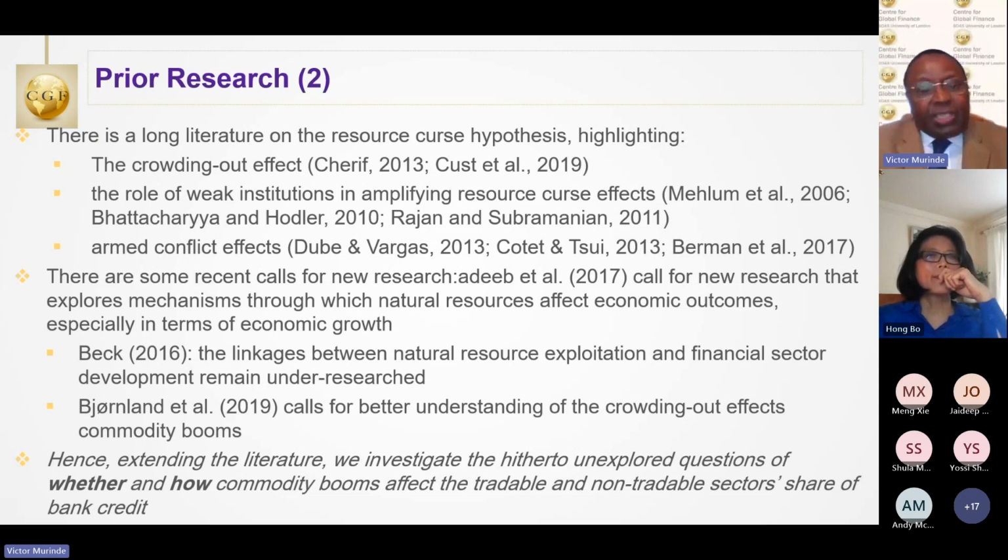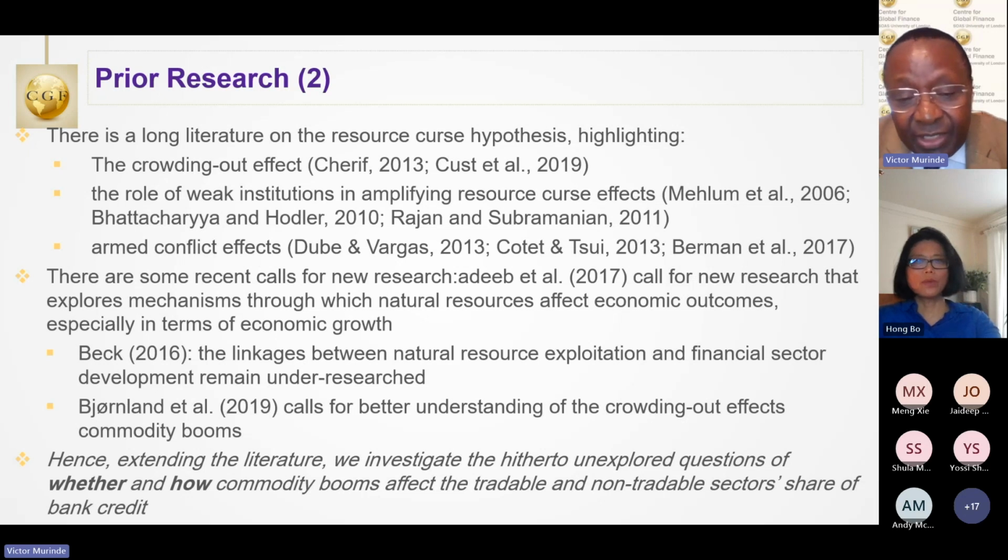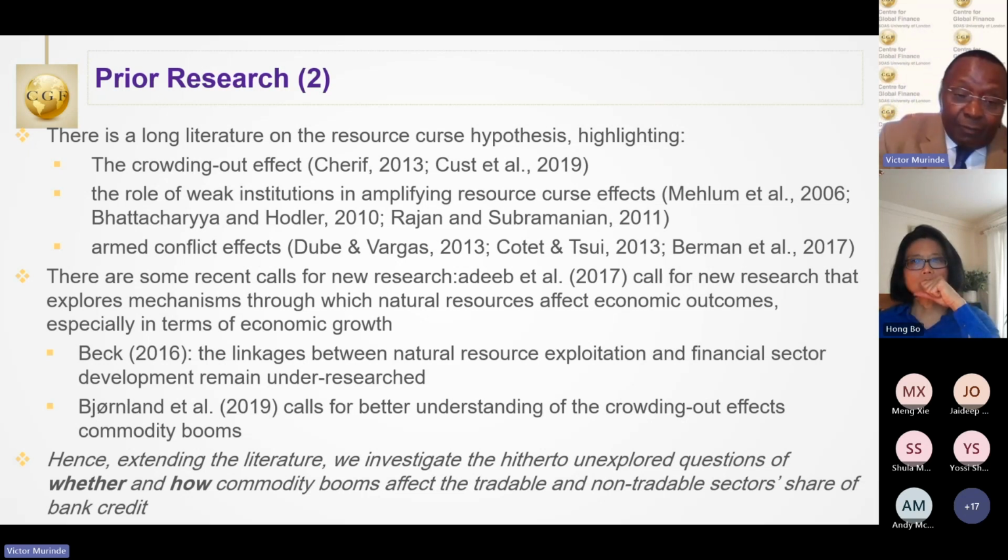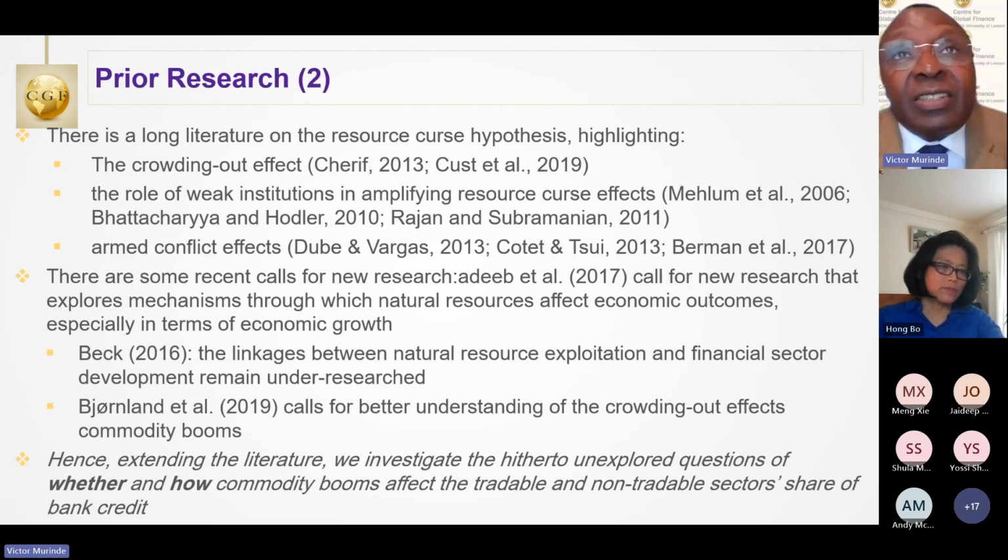It is in that context that we think that there is indeed, as Adib pointed out, a call for new research, the need for extended literature. We try to build on that by extending the literature, investigating one unexplored question, and actually two unexplored questions: whether commodity booms affect the tradable and non-tradable sectors' share of bank credit, and how this occurs.